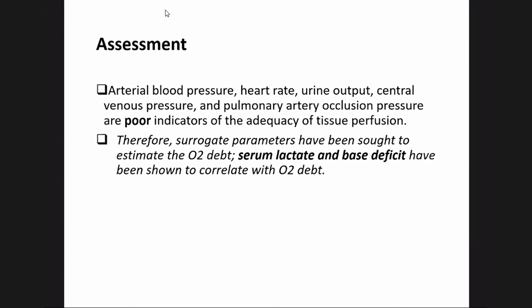So for the assessment, arterial blood pressure, heart rate, urine output, central venous pressure, and pulmonary artery occlusion pressure are poor indicators of the adequacy of perfusion. So as said earlier, surrogate parameters have been used to estimate the oxygen debt. We have serum lactate and base deficit, which have been shown to correlate with oxygen debt.